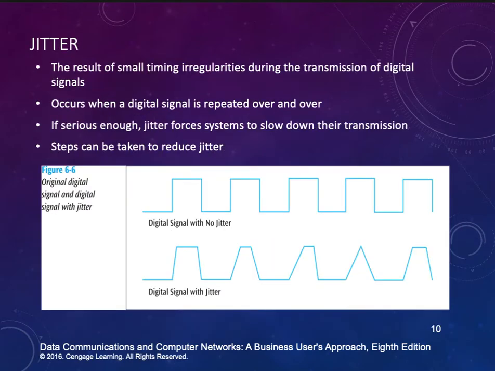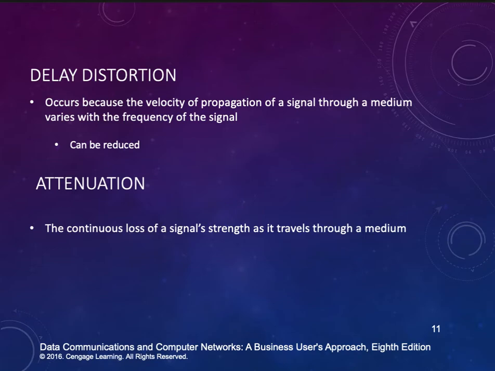Next we have jitter. Jitter is basically small irregularities in digital timing, as you see from the figures. Next we have delay distortion, when the speed is either fast or slow as it propagates.